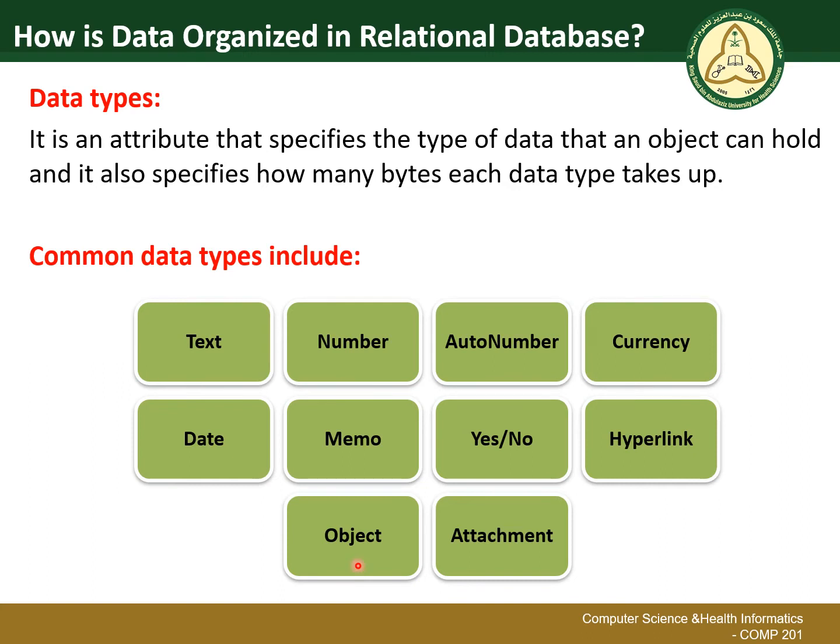The object type can store pictures, audio, and video, and attachment is used to store files such as documents, and multiple files can be attached to the record.